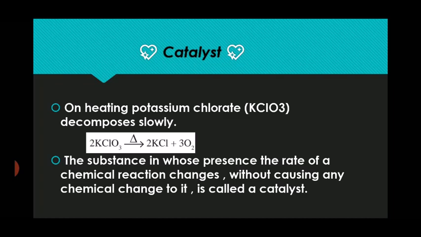This catalyst does not take an actual part in the reaction, but what is the work of a catalyst? Catalysts increase the reaction rate. So here MnO2, that is manganese dioxide, is making the reaction rate faster.